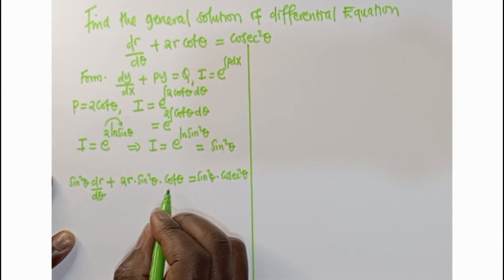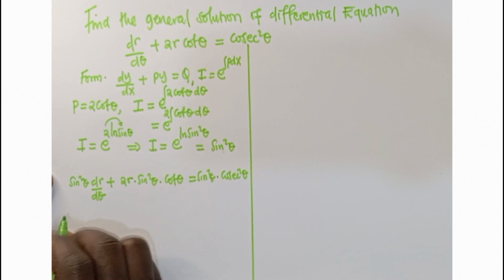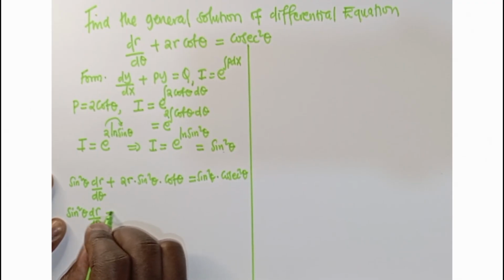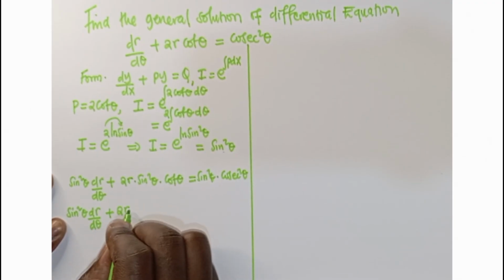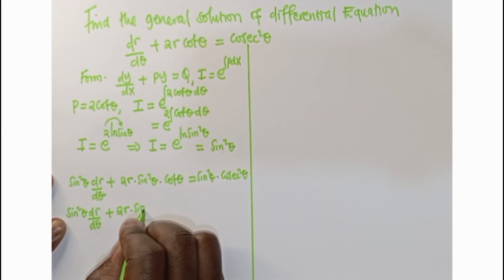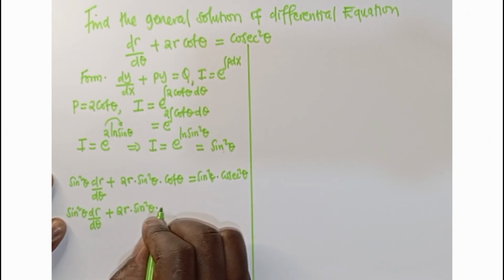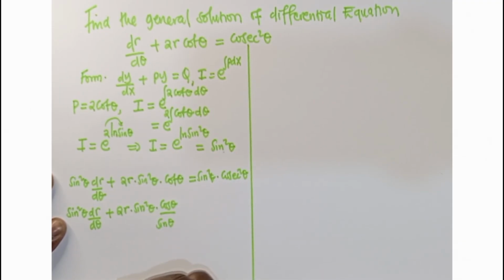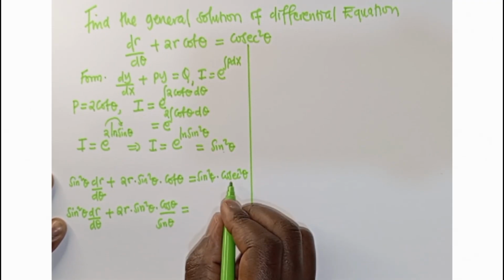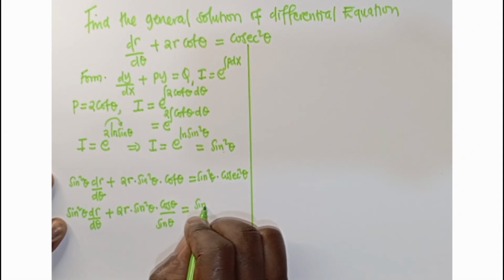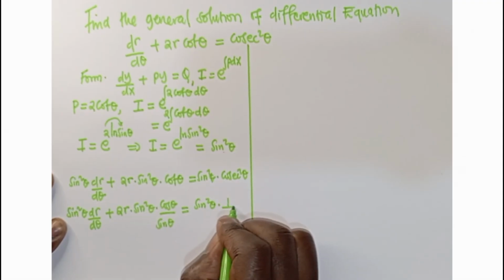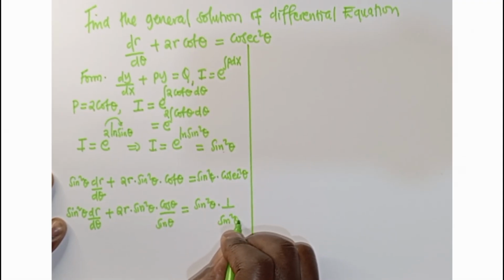Now when we simplify this keenly, we shall have sin squared θ dr/dθ plus 2r times sin squared θ, but cot is cos θ over sin θ, is equal to, on this side, sin squared θ times cosec squared θ, which is the same as 1 over sin squared θ.